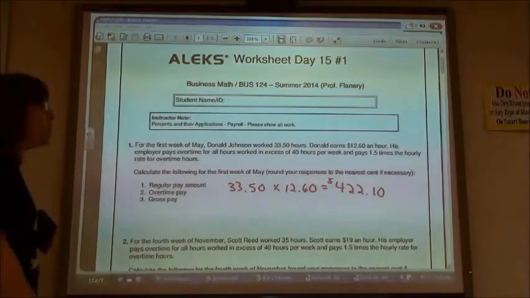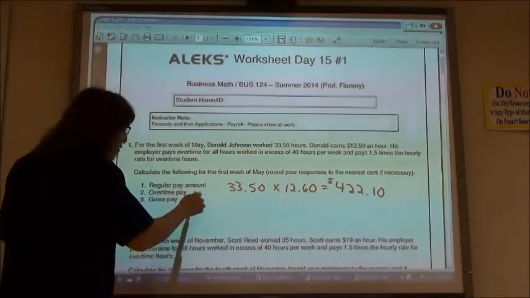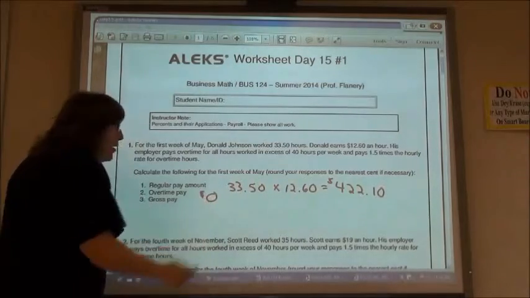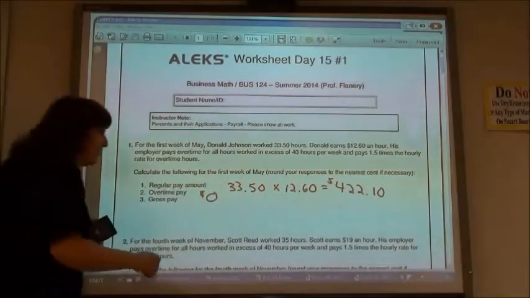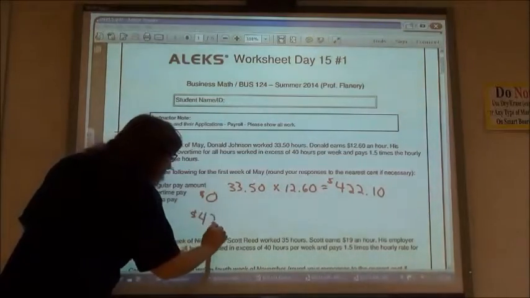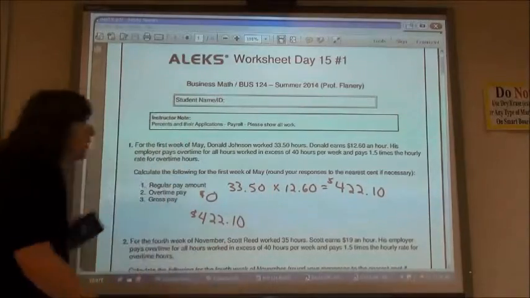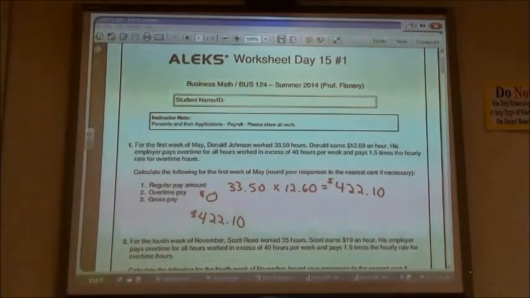This person didn't work any overtime, so their overtime pay is going to be 0 because we have no hours of overtime. So my gross pay, I'm just taking $422.10 plus 0, I'm going to get paid $422.10. Or at least Donald's going to get paid $422.10.